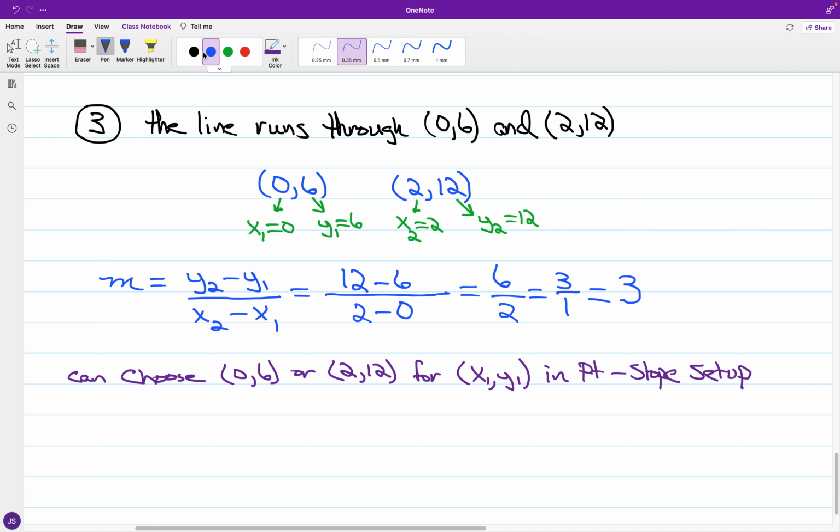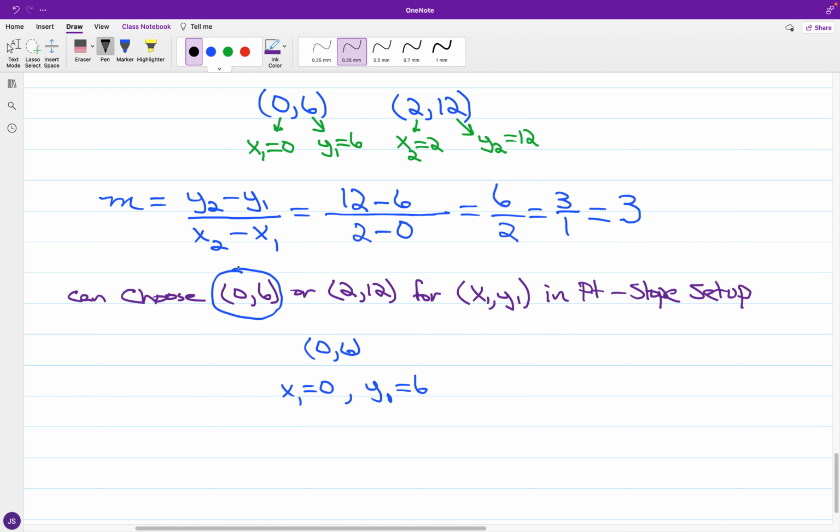Again, it does not matter which one you use. If you choose (2, 12), that works, but we'll go with (0, 6) on this one. So x1 is 0 and y1 is 6. But if I had let x1 be 2 and y1 be 12, it would also work.